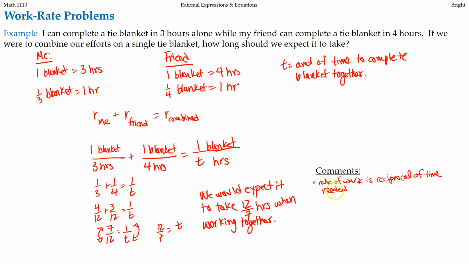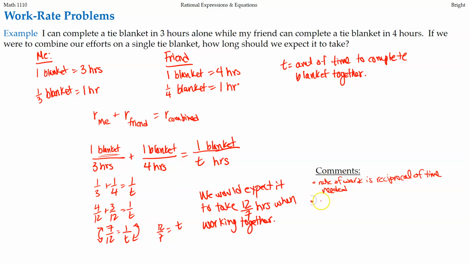And how that played out is, we saw it took me 3 hours to complete one blanket, right? The units here are like quantity produced per time, or some amount that we've specified per time unit. So that's the first comment.